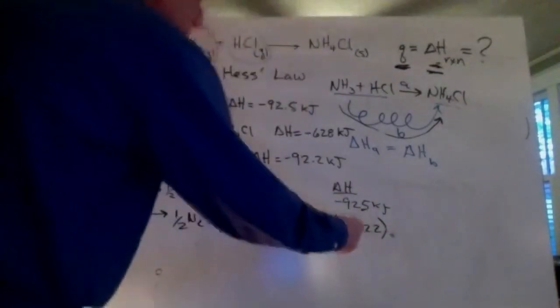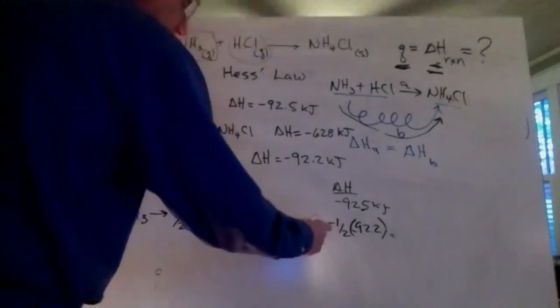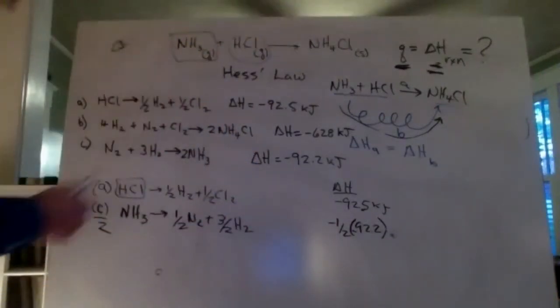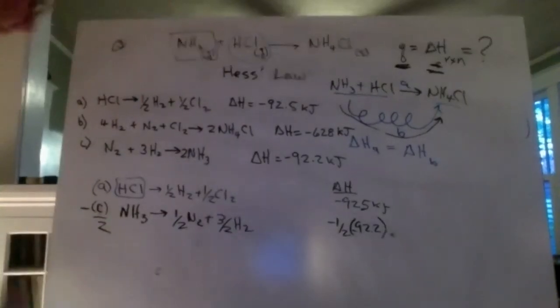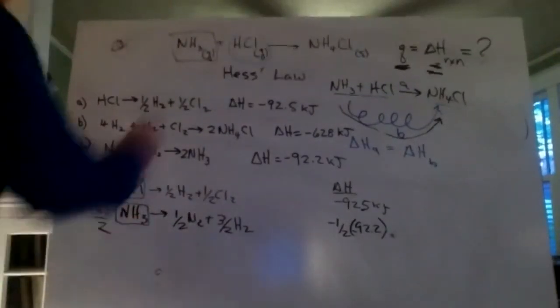We'll just keep it at that right now. We reversed the reaction, so that reverses the sign of the heat, and then we divide by 2 in order to get that 1 mole of NH3 as a reactant.